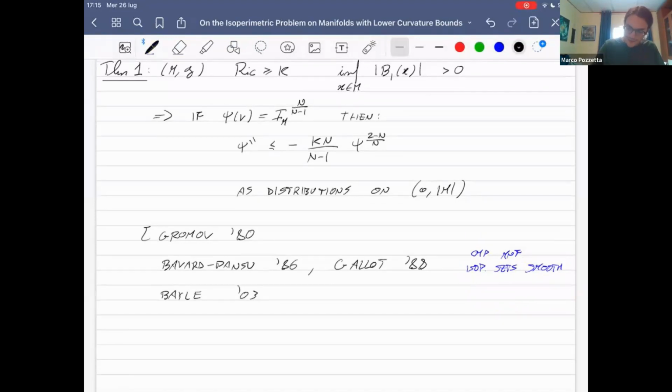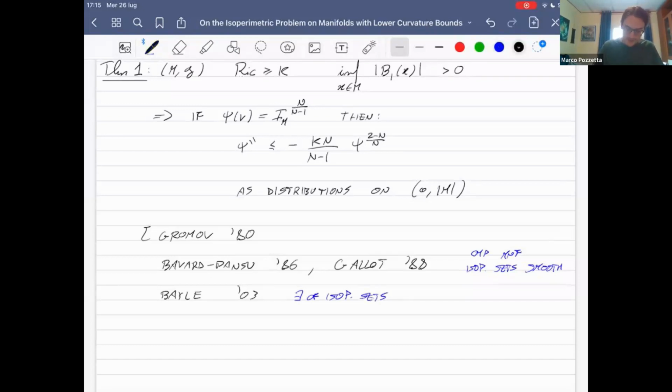And Bayle realized that the optimal regularity of isoperimetric sets on Riemannian manifolds, which I did not discuss, was enough. So he removed the additional assumptions on the smoothness of isoperimetric sets, but he always needs existence of isoperimetric sets to prove this theorem, as an additional assumption.